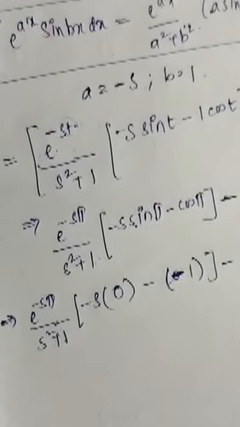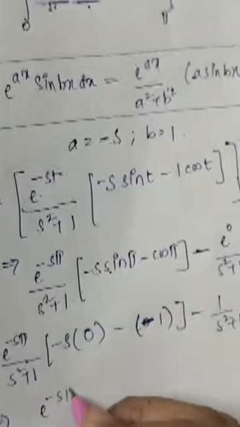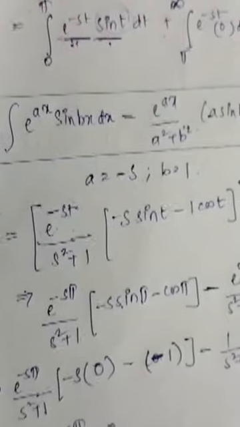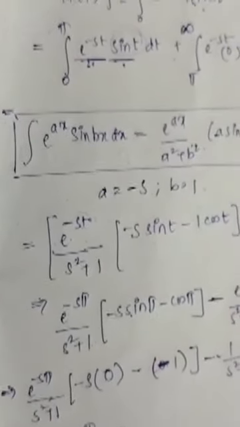Minus 1 by s square plus 1 into sin 0 is 0, cos 0 is 1. Then what we get is e power minus s pi by s square plus 1, minus into minus plus, again minus into minus plus 1 by s square plus 1.